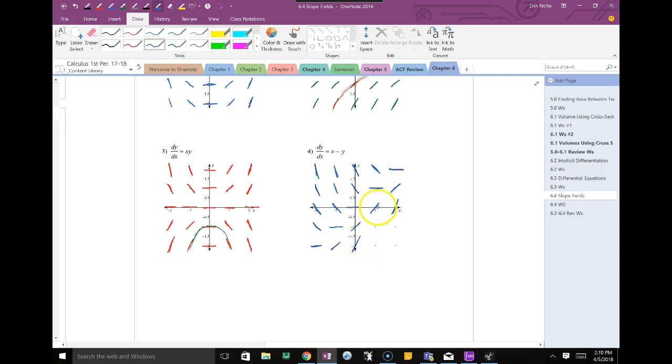Okay. The point 1, negative 1, we're going to have 1 plus 1, so that's 2. The point 1, negative 2, we have 1 plus 2, it's 3. The point 2, negative 1, that's 2 plus 1, which is 3. And last point, we have 2, negative 2, so that would be 2 plus 2, making 4.